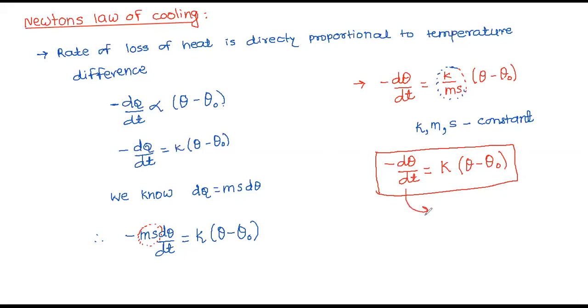This is called rate of cooling. And actually this one is the rate of loss of heat. So in terms of temperature, this is the form. This is the form about the temperature difference, meaning how the temperature decreases with respect to time is equal to K into theta minus theta naught.